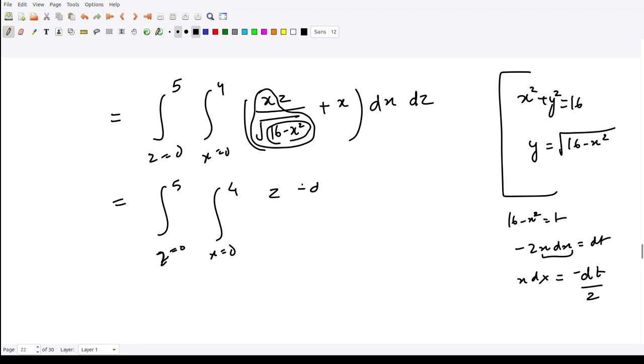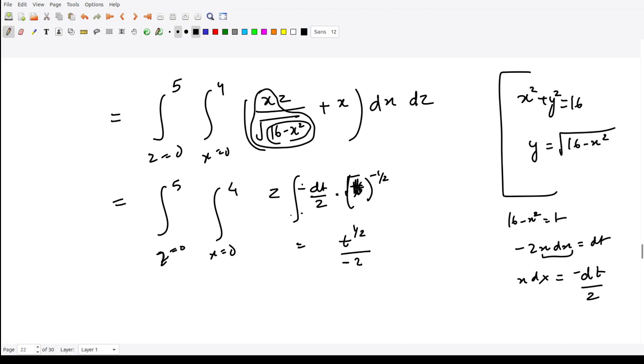So you have minus dt by 2 and you have into square root of t. So when you perform its integration over t, it would become t to the power, this is actually t to the power minus 1 by 2. When you perform its integration, it becomes t to the power 1 by 2 divided by 2, right? And with a negative sign.